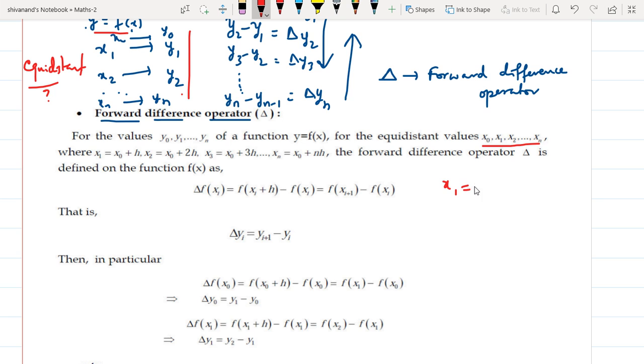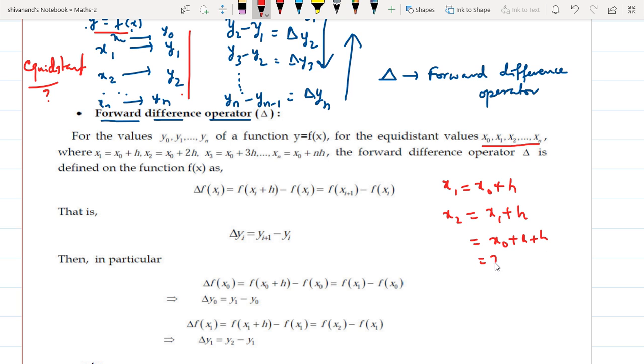Now the question comes, if they are equidistant, that means if x1 is equal to x0 plus h with a common difference h, then x2 will be x1 plus h.